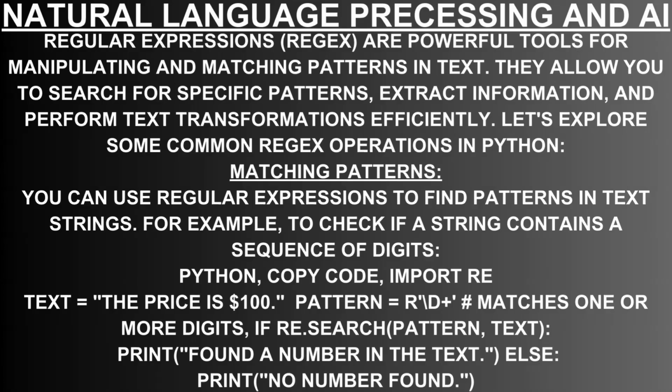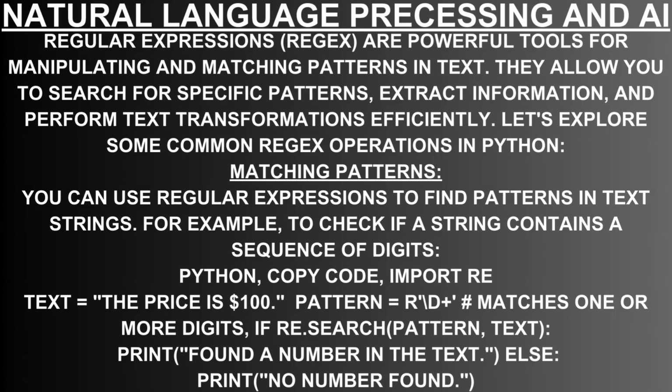Regular expressions (REGEX) are powerful tools for manipulating and matching patterns in text. They allow you to search for specific patterns, extract information, and perform text transformations efficiently. Let's explore some common REGEX operations in Python. Matching patterns. You can use regular expressions to find patterns in text strings.